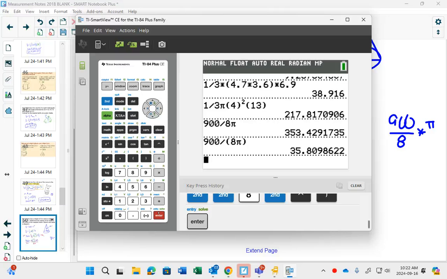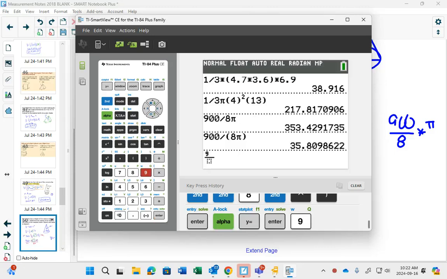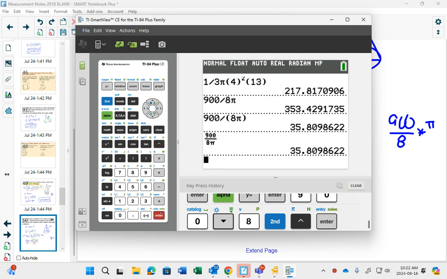Okay? If you have the graphing calculator and you have the fraction button, you will never make this mistake because the fraction, you can write it exactly as you see it and it comes out perfectly to 35. So that fraction button is really nice. Some scientific calculators let you write in fractions as well. Perfect. That'll make you make fewer mistakes.